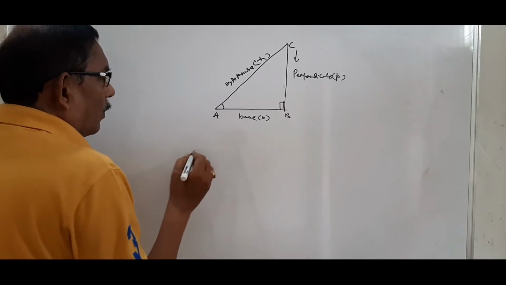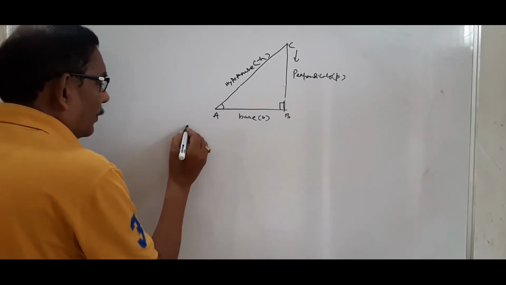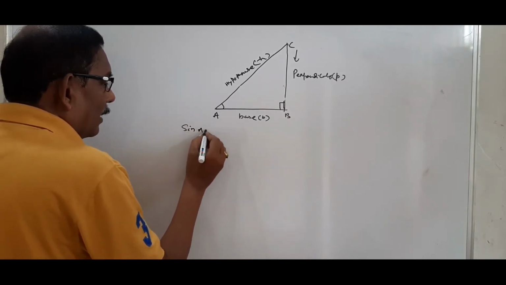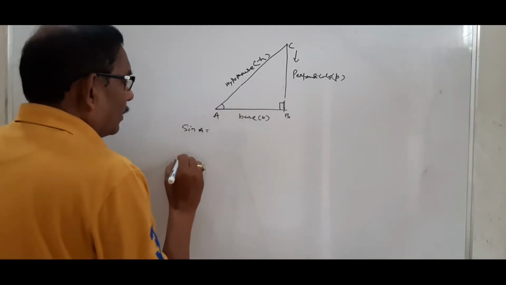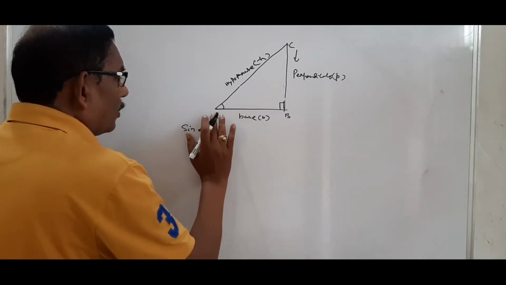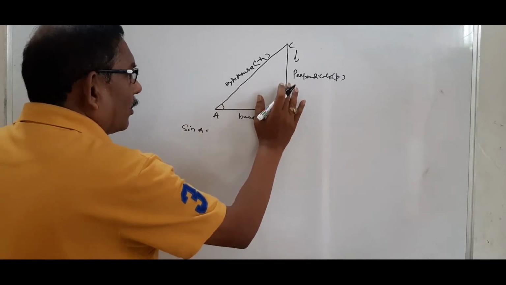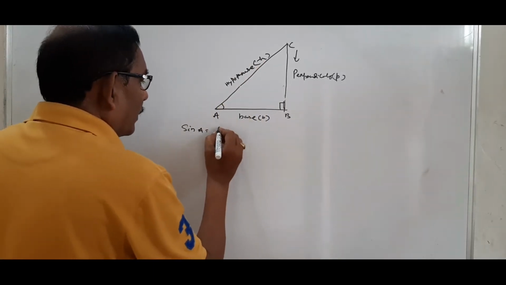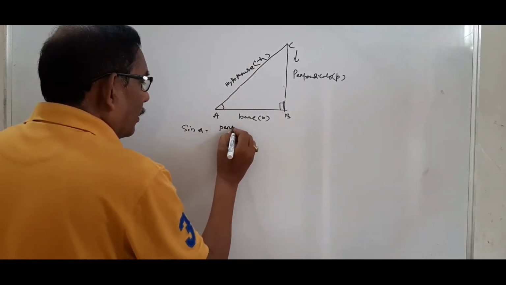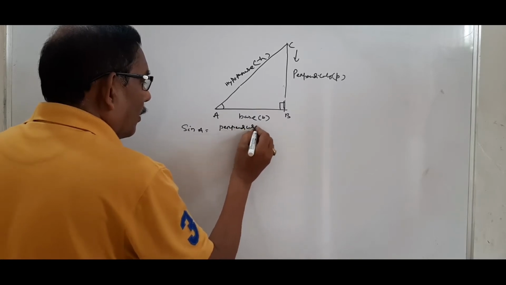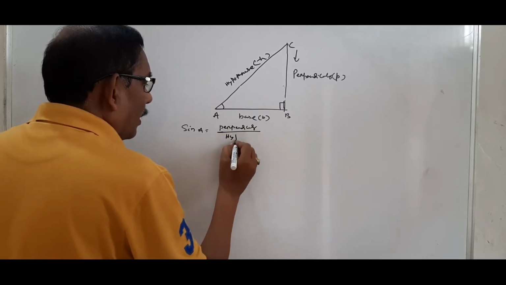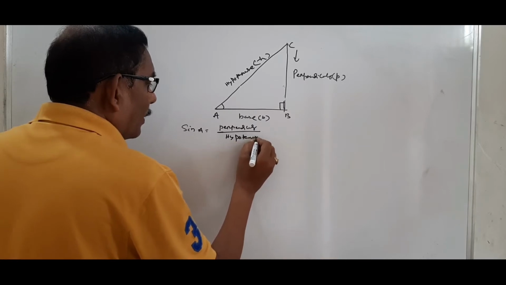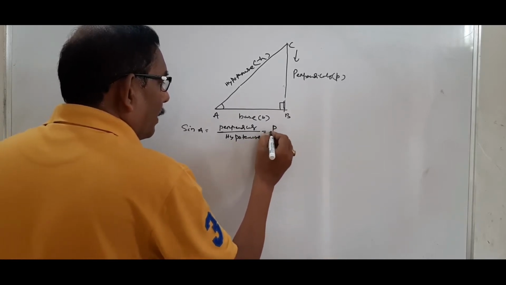So what are the T ratios? Sin A is equal to the opposite side over the hypotenuse. It means perpendicular by hypotenuse, P by H.